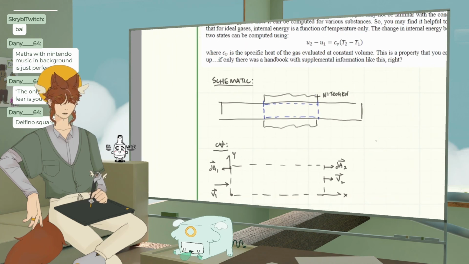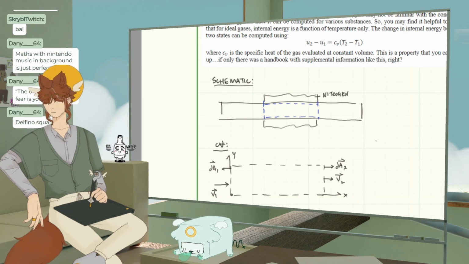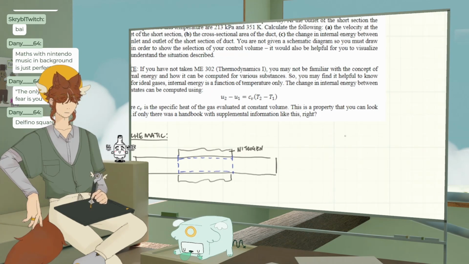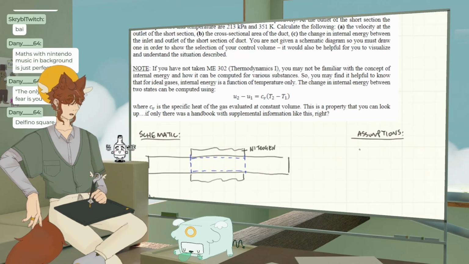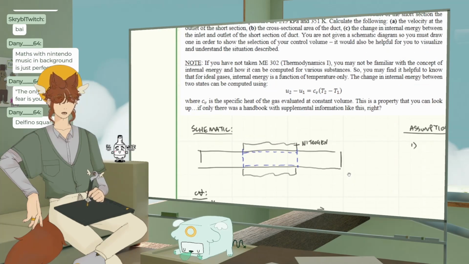Alright, so we got velocities, we got that. Gotta do some Q dots. We're given a rate of heat transfer. Oh, I guess we should make some assumptions. There's gonna be a lot of things that we normally assume that we're not gonna be able to assume, so that's kind of fun. It's not steady. There's a rate of heat transfer from the air inside to the liquid nitrogen, so it's going out.